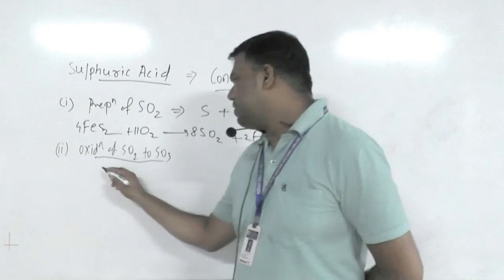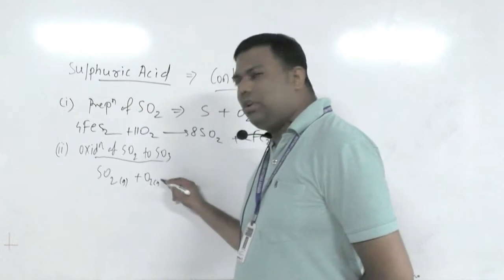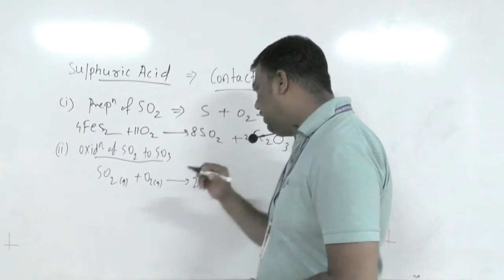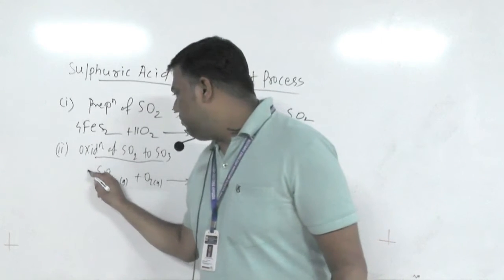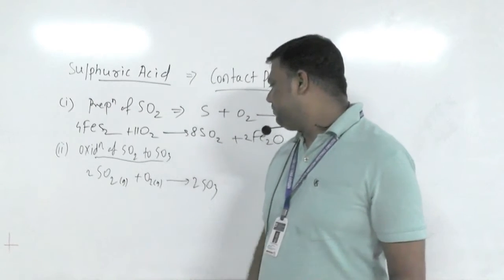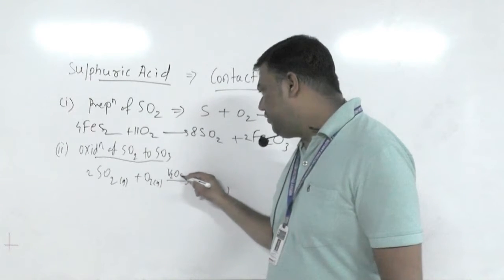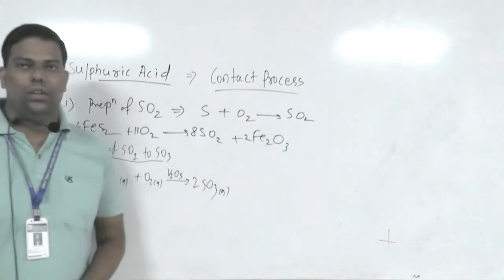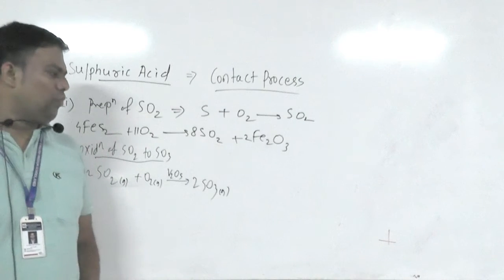So when gaseous SO2 is oxidized, it gives SO3. You can balance this reaction. Yes, our reaction is balanced. SO3 gas is formed with the help of the oxidizing agent V2O5, and you get sulfur trioxide gas.